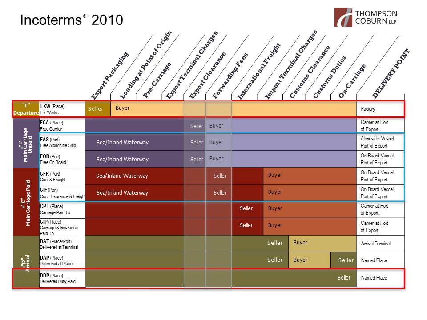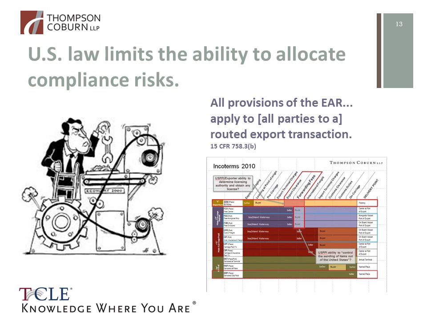That would seem to be clear except for how the U.S. law works. So the U.S. law throws a bit of a monkey wrench into this nice, clean Incoterms chart. The U.S. law says all provisions of the Export Administration Regulations, the EAR, apply to all of the parties to the transaction.